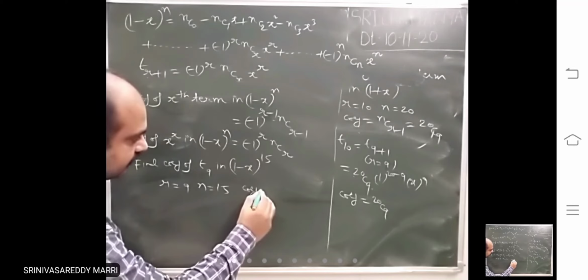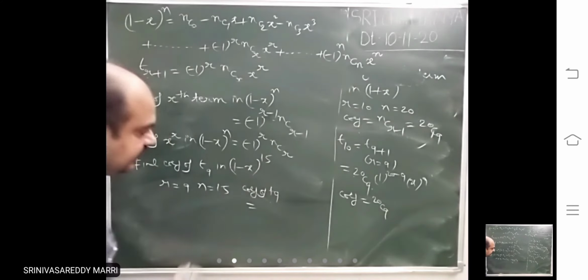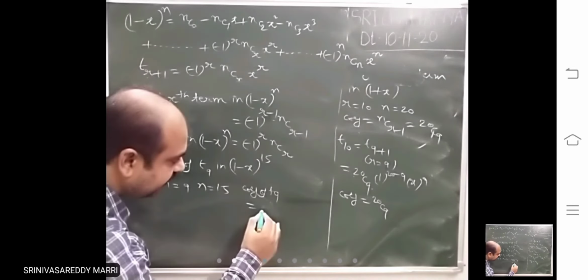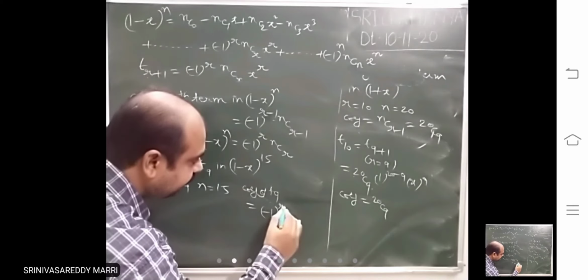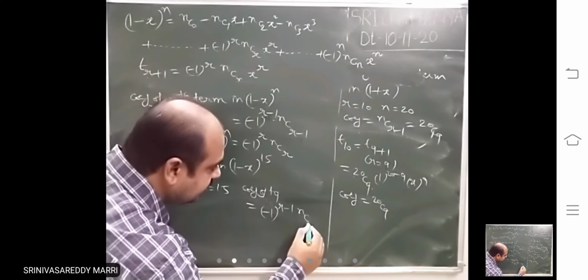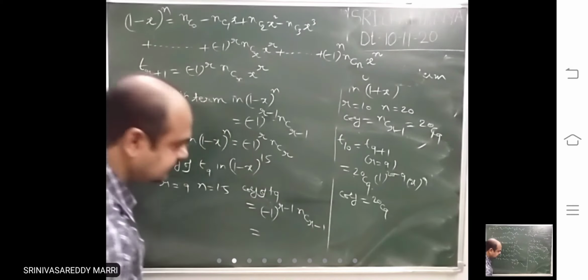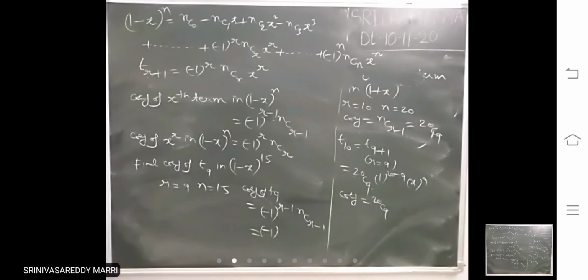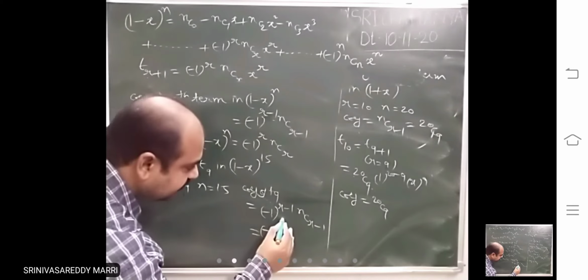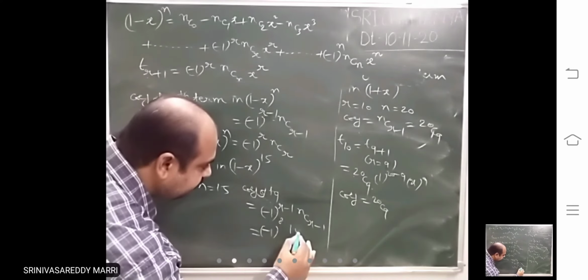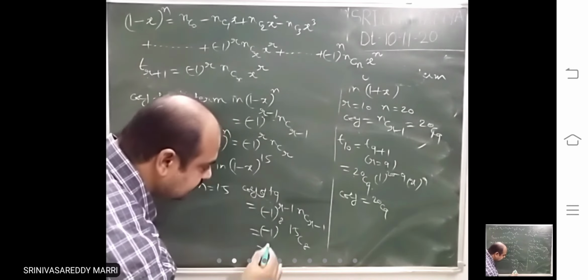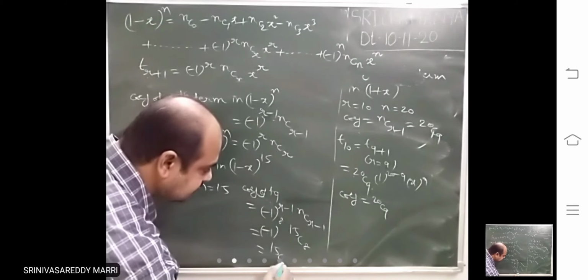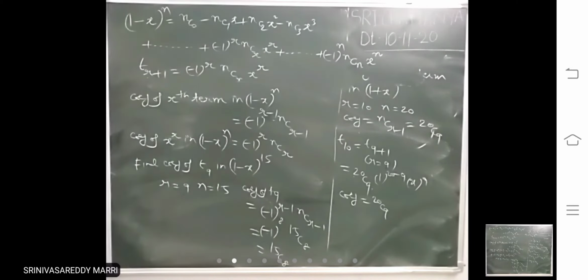So the coefficient of T9 by the formula is minus 1 whole power r minus 1 into nC(r-1). That means minus 1 whole power 8 into 15C8. So the answer is 15C8.